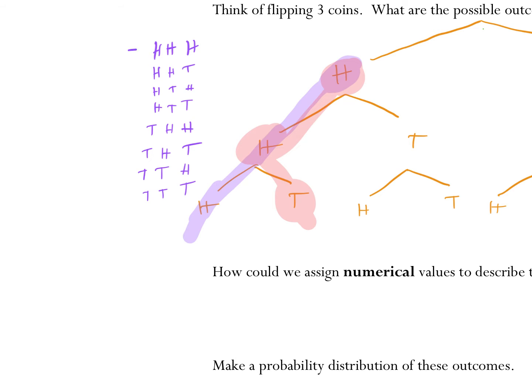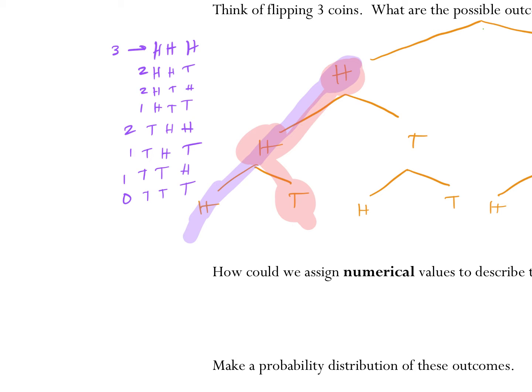Let's call this 3, 2, 2, 2, 1, 1, 1, and 0. Can anybody tell me what my numerical value for each outcome was?